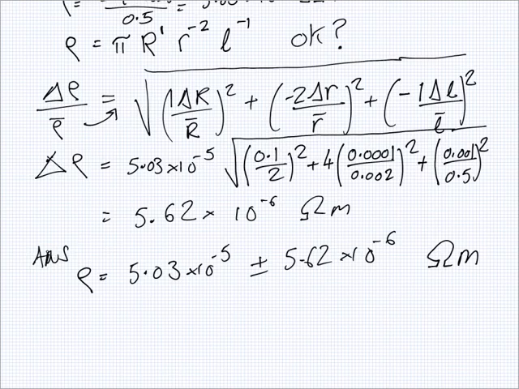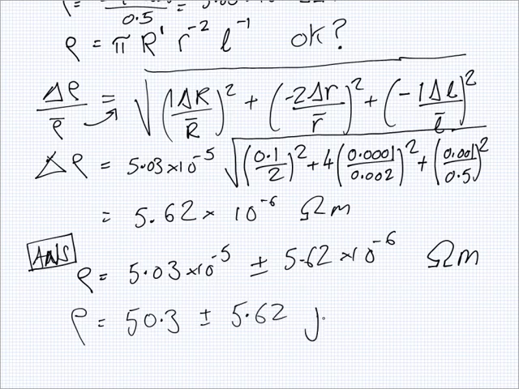ANS means answer. Or if you want to be very nice with your units, you could say this equals 50.3 plus or minus 5.62 micro ohm meters.